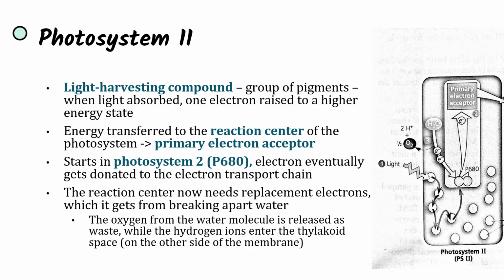So this whole process starts in photosystem 2, which has a primary pigment of P680. That is the wavelength that it can absorb the best. And these electrons that are harvested in the electron acceptor are going to be donated to the electron transport chain.